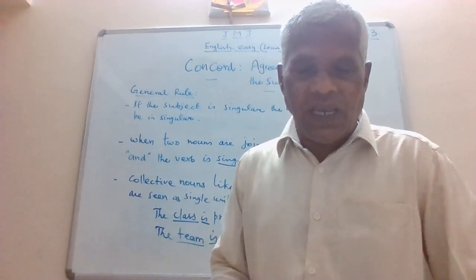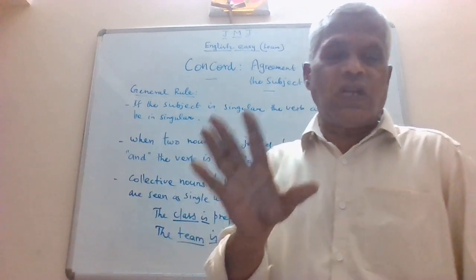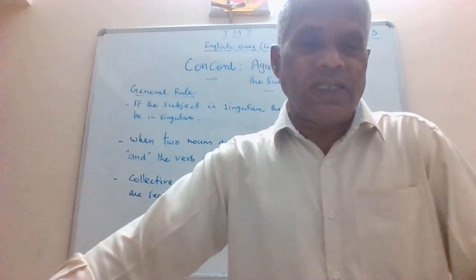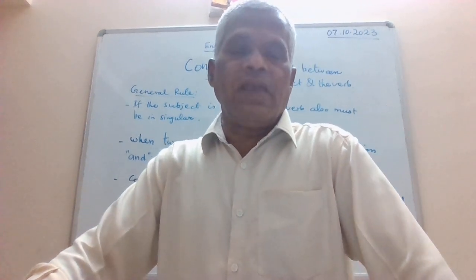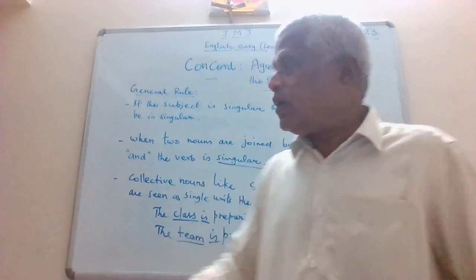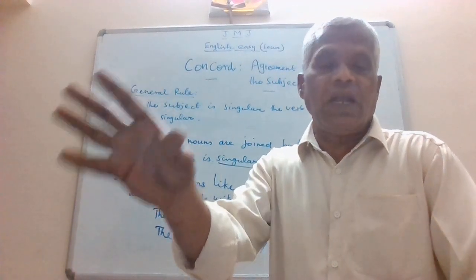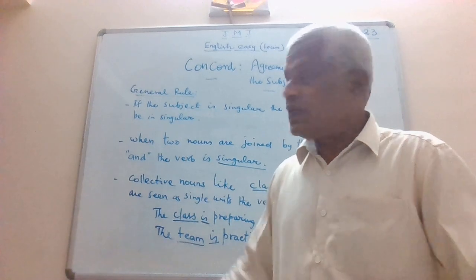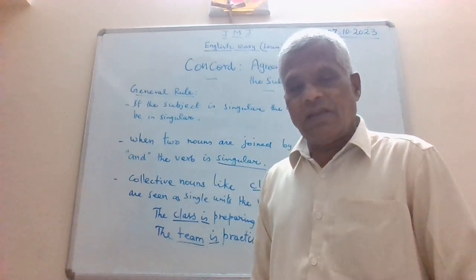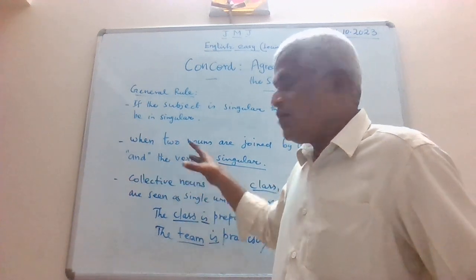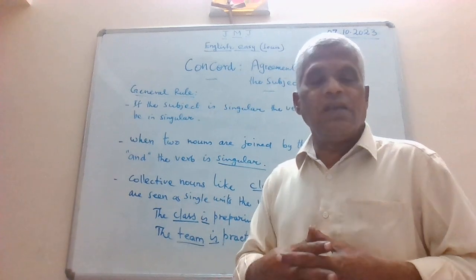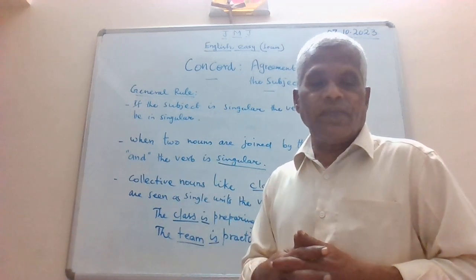For the time being, this is more than enough for us to understand what is a concord, the agreement between the subject and the verb, and the general rule, and 1 or 2 other rules that we have to pay attention to. The first one is that if your subject is singular, verb has to be singular. And the second one is when 2 nouns are joined by the linking word conjunction and, the verb takes singular.